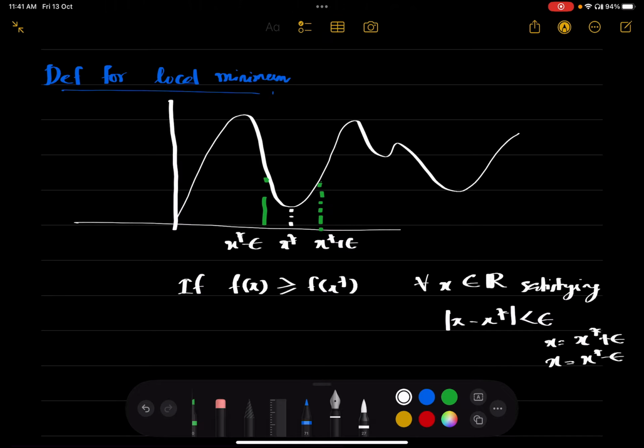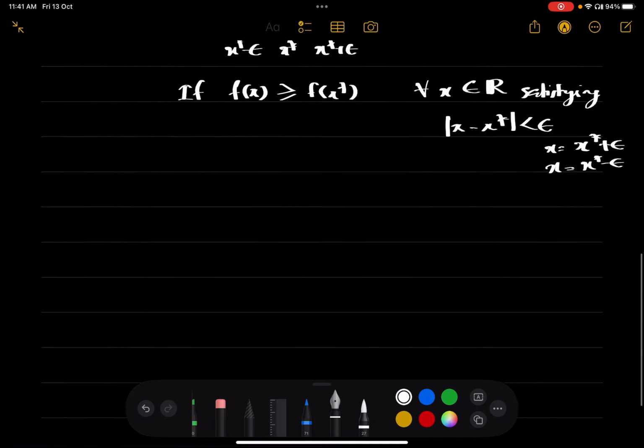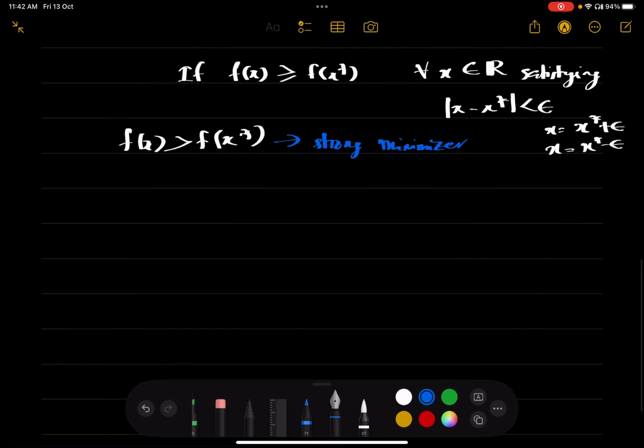Similarly, like we said earlier, if we change to f of x greater than f of x star, it will become a strong minimizer.